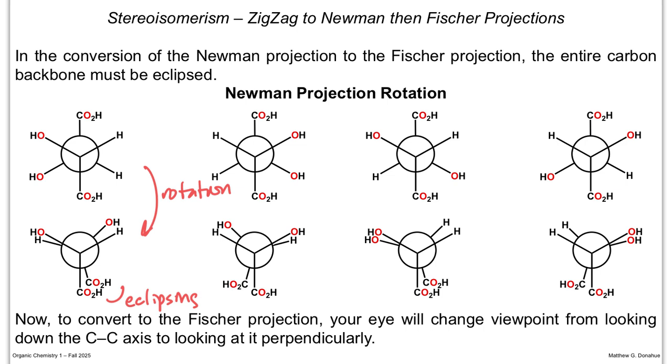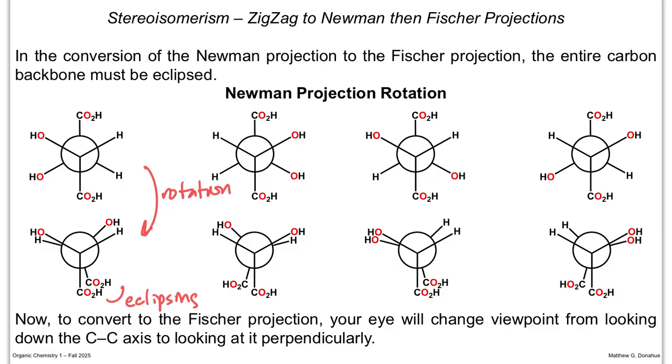And then in my mind, when I look at that Newman, instead of looking down this bond axis, my eyeball is coming up here and looking down 90 degrees to this bond, or like that. So the Fischer projection is just another frame of reference.